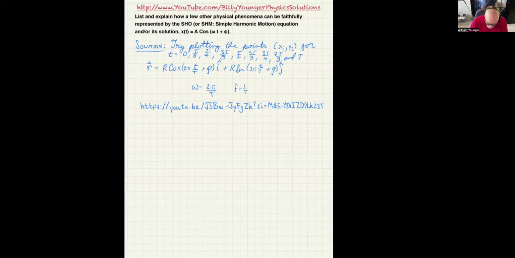There's also another one, specifically a pendulum. So, for instance, if you imagine a ceiling and then hanging from it a simple pendulum, which is basically a massless string that's free to oscillate back and forth.